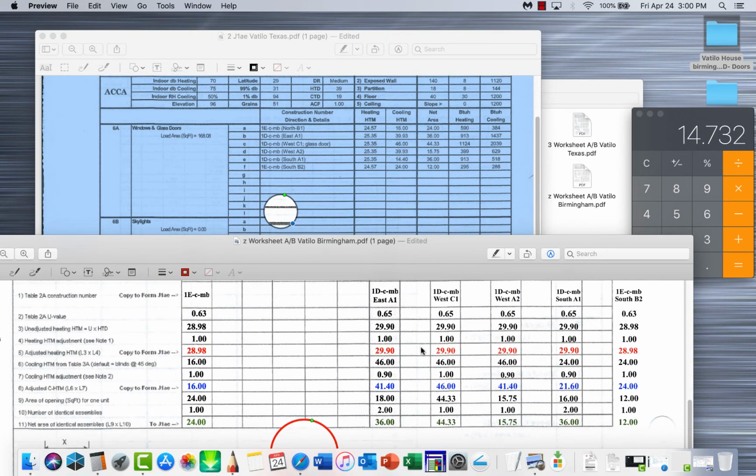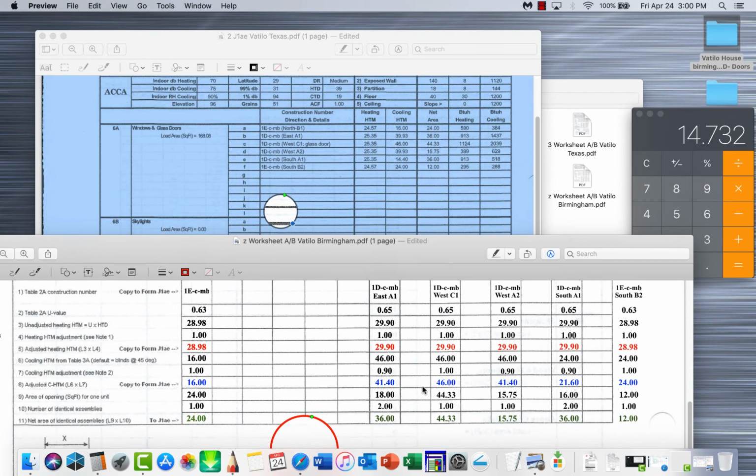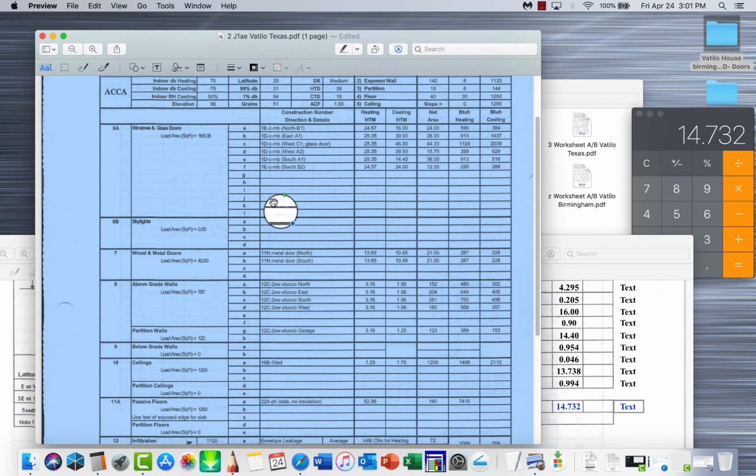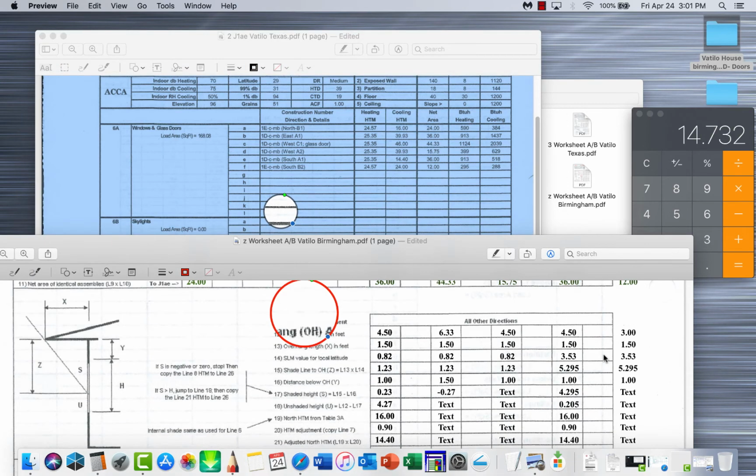So we're going to do them just like we've been doing up here, transposing all our information. And just as a reminder, after you get done with this information down here, and you get down to the bottom, this cooling HTM down here on the bottom, when you do these windows that are west, south, or east, when you get this information here, this number here would go, let's see which window this is.